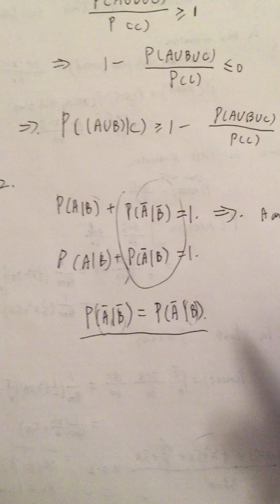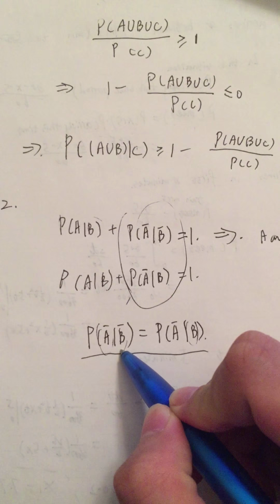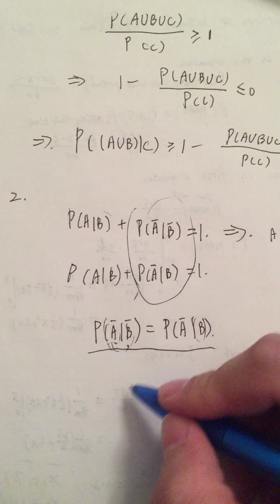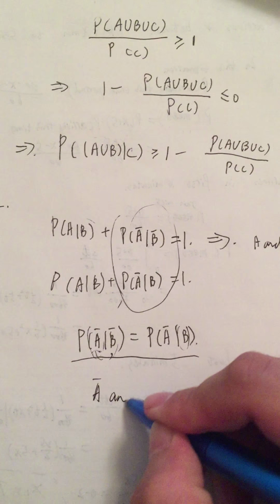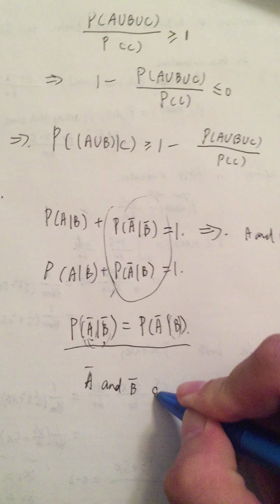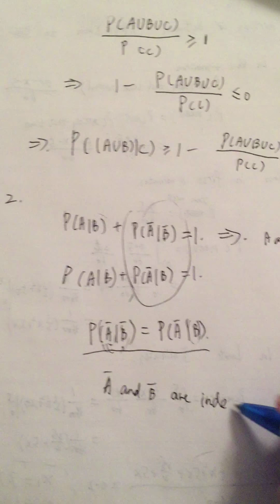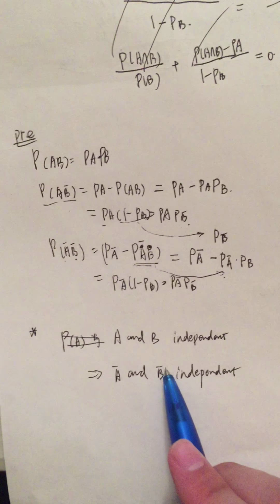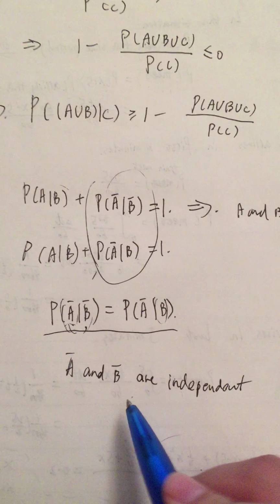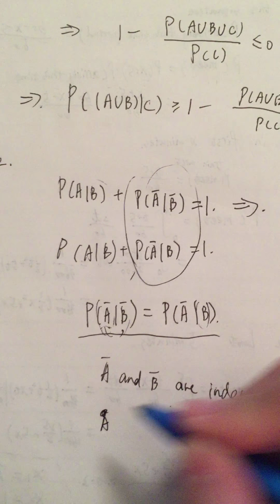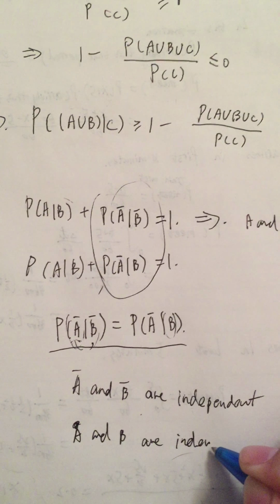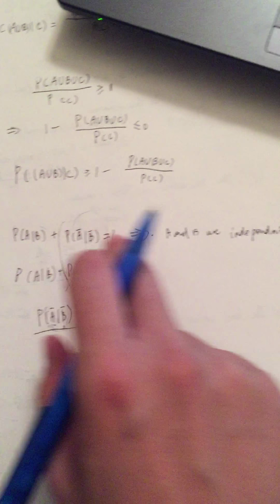So this means B has nothing to do with the probability of A or not A. So not A and not B are independent. From this conclusion, we can convert this one, and so we get A and B are independent. And this is what we want from this direction.